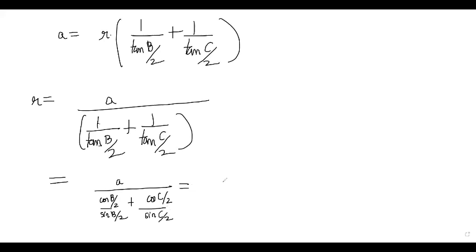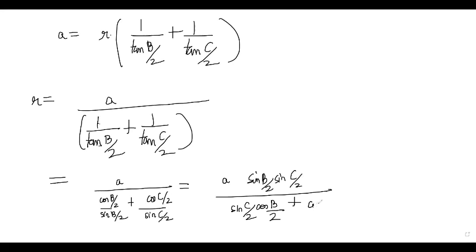And this becomes A sine B by 2 sine C by 2 divided by sine B by 2 cos C by 2 plus cos B by 2 sine C by 2, right? I'm just doing simplifications, nothing much. I'm just saying A is equal to BD plus CD.